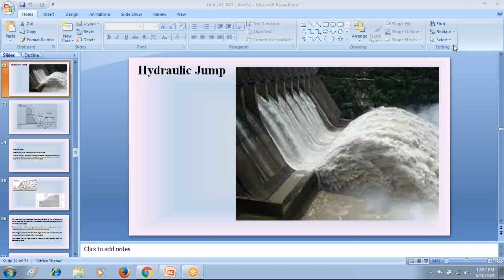So in Part 2 of this Unit 2, we are going to discuss open channel flow, the rapidly varied flow. Now coming to Part 2 in Unit 2, we are going to discuss rapidly varied flow with the concept of hydraulic jump.